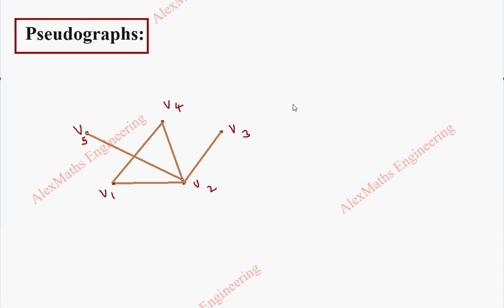For example, we take vertices V1, V2, V3, V4, V5, and suppose these are connected with edges like this, and we also have many parallel edges and also many loops.